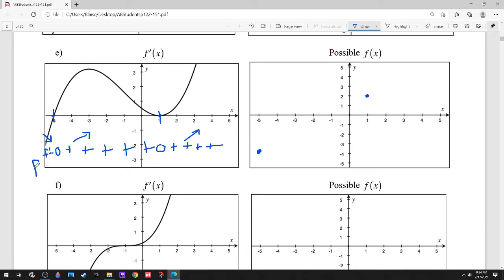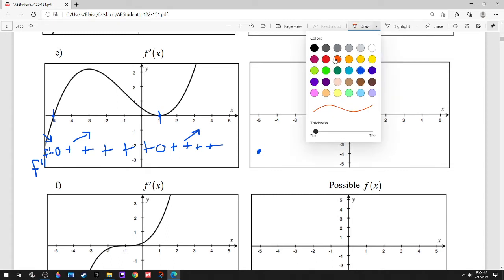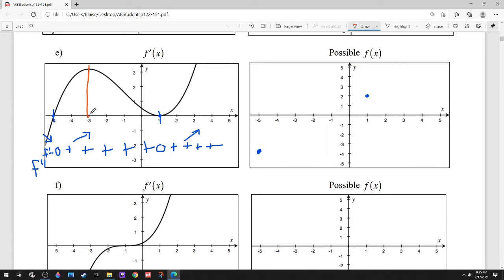Now let's talk about f double prime. So f double prime, the zeros of f double prime are the mins and maxes of this graph. So I see a max here. Slopes before it are positive.